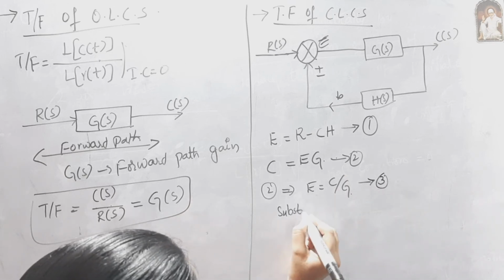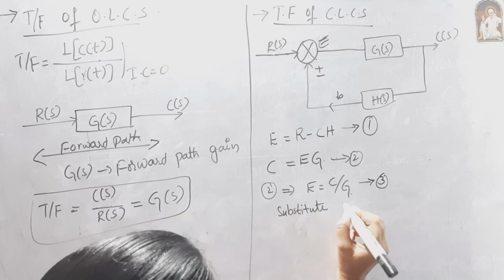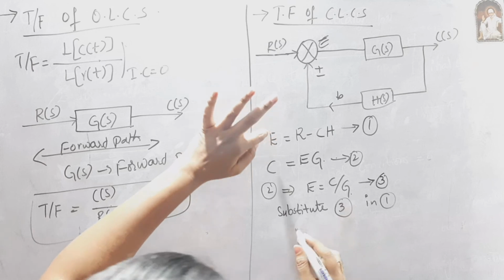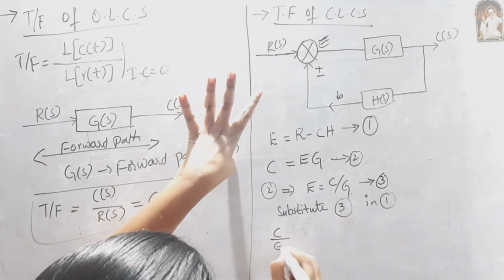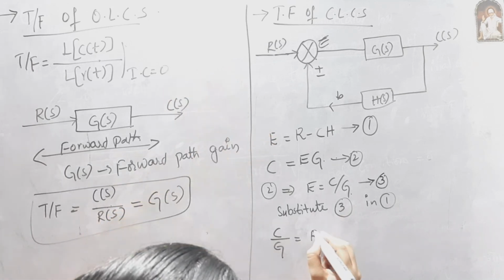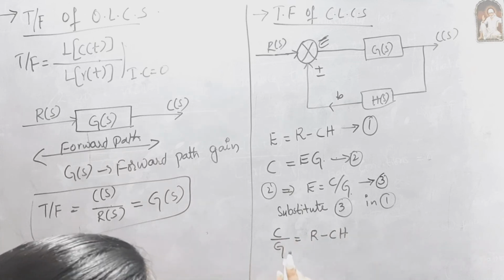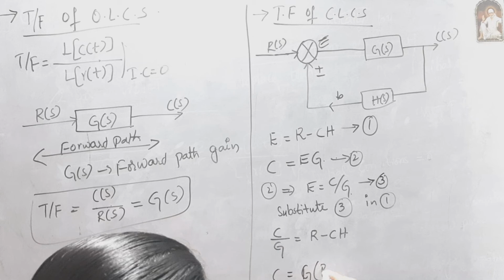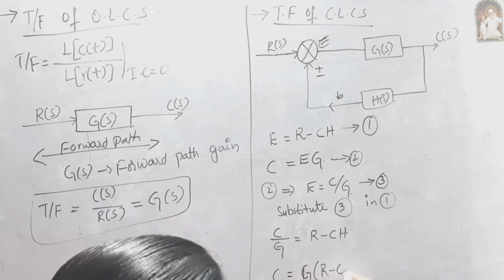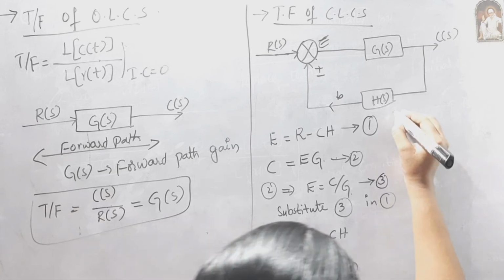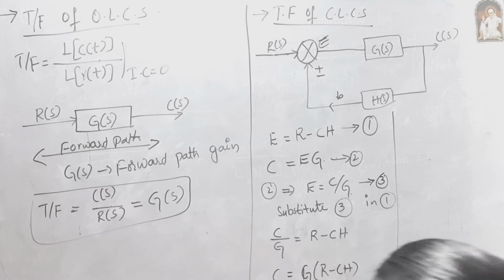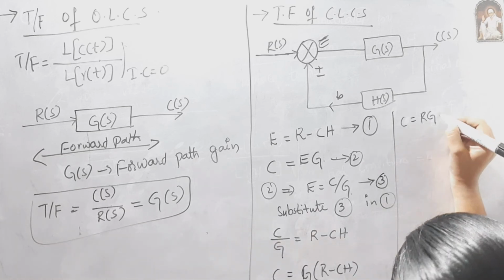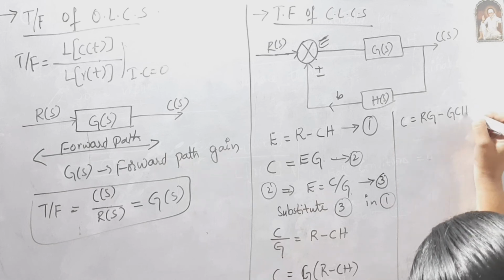Substitute 3 in 1. So substitute C by G equals R minus C into H. From this, C equals G into R minus CH, so multiplying with G, C equals RG minus GCH.